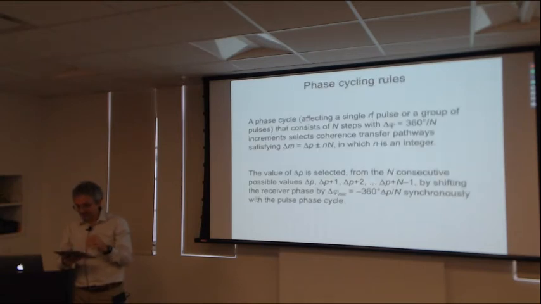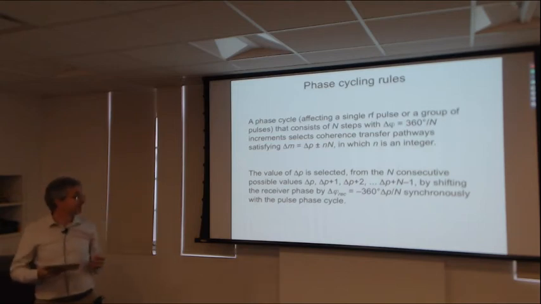And then the only rule is also kind of obvious, that there's periodicity here because the phase shifts go around in 2 pi, and that means phase cycling has a periodicity to it.